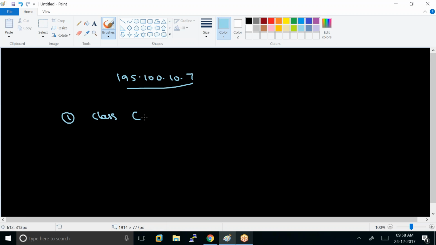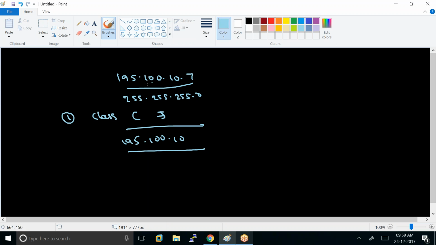It belongs to class C. Therefore, you apply the class C mask, 255.255.255.0. You apply the AND condition. If there is a 255, the same value from the first row is retained. If it is 0, it is 0. Therefore, this is the network part, and the .7 is the host part. This is the way by which we can identify the network part and the host part.